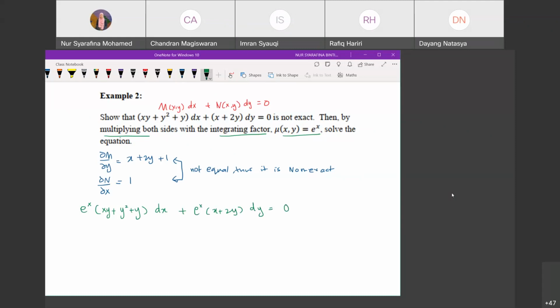So your new M becomes e^x (xy + y² + y), and your new N now is e^x (x + 2y). Try to show again what is your del M del y and del N del x. Is it exact or not? You need to use the product rule here.